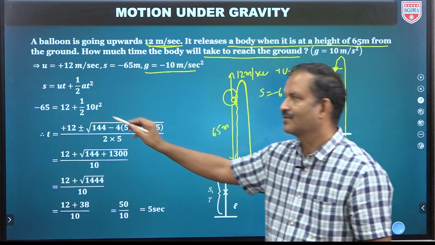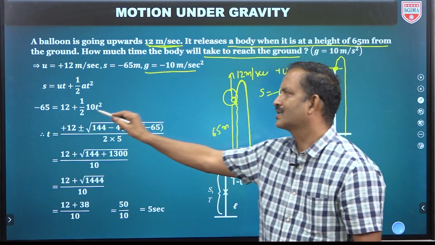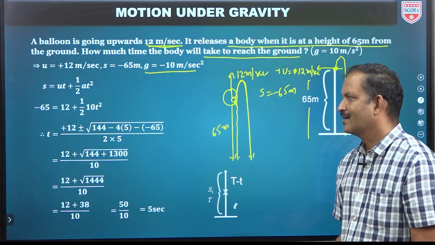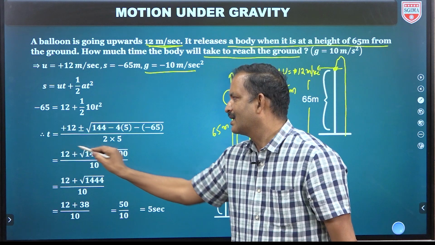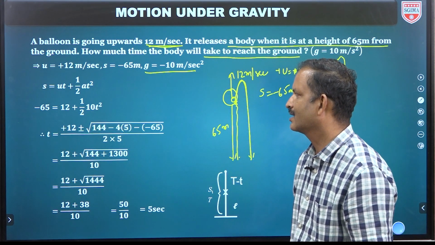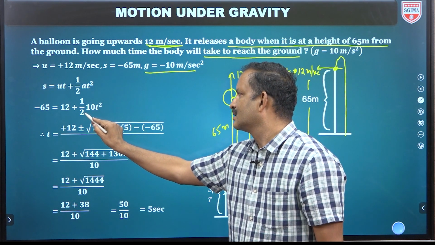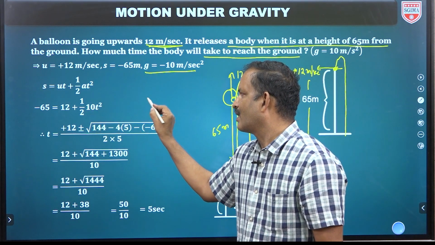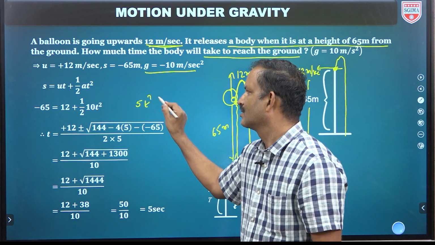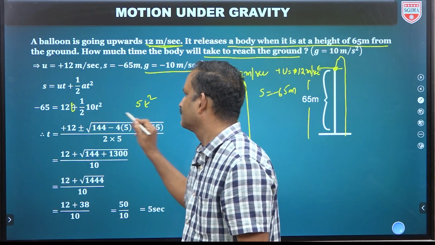Now, I am substituting into s is equal to ut plus half at square. When I substitute these values, you will get this quadratic equation in t. You will get 5t square plus 12t.